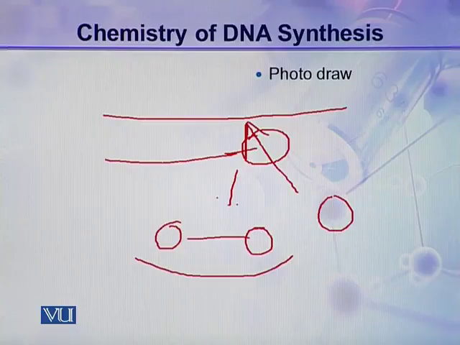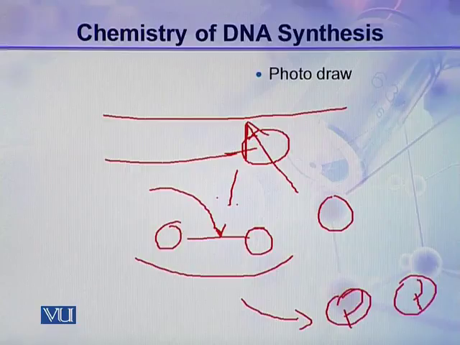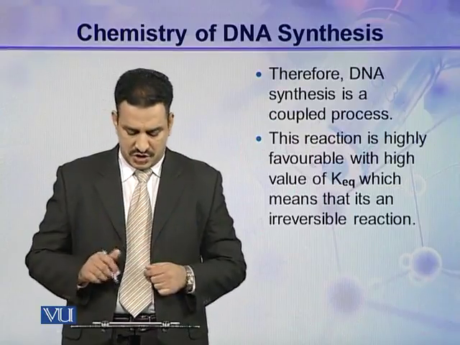In the presence of the enzyme pyrophosphatase, this bond, which is a high energy bond, is broken, and two phosphate groups are released. So you can see in this diagram that whenever a new nucleotide is added, two phosphates are also released. This is the net reaction at the 3' side of the primer template junction.